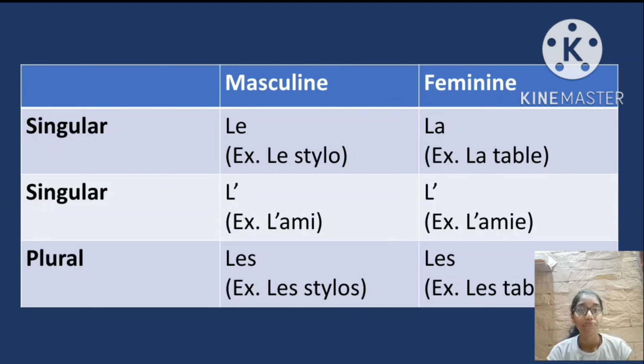For example, le stylo. Stylo is a masculine singular noun, so before stylo, le will be used. La is used before all feminine singular nouns. Example, la table.